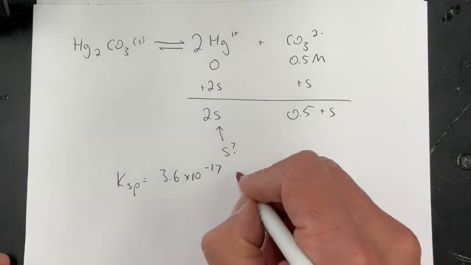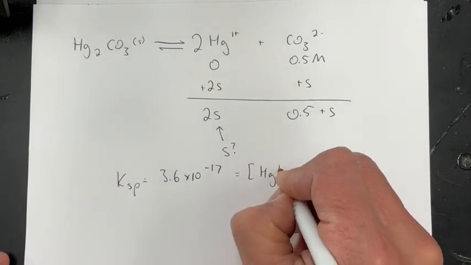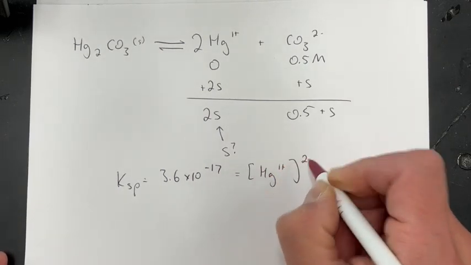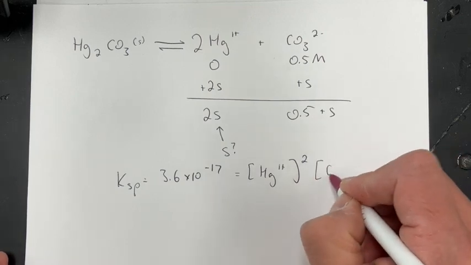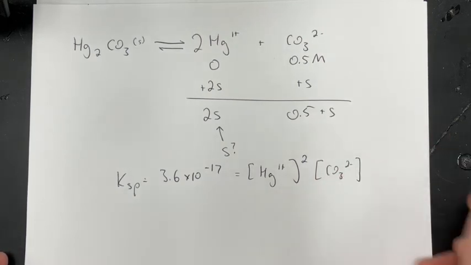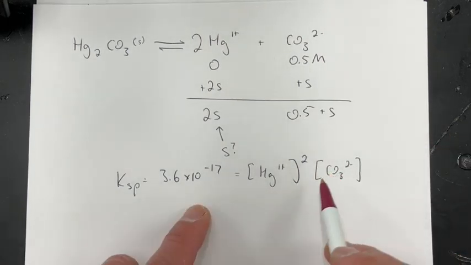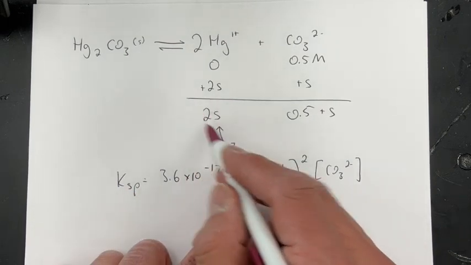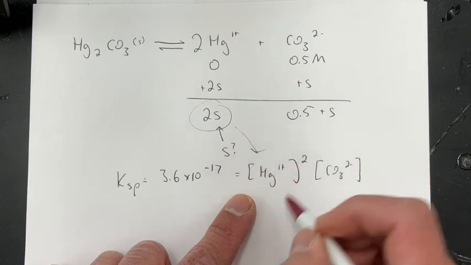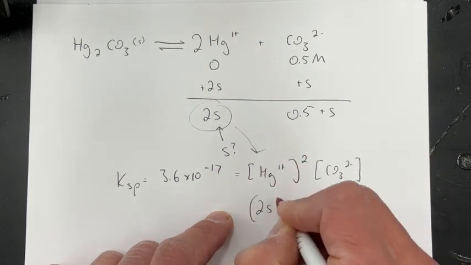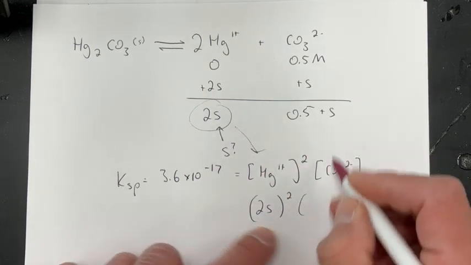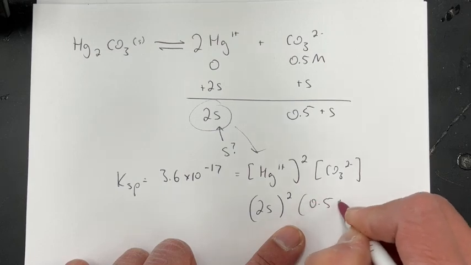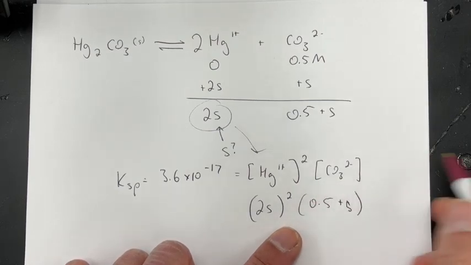That equals Hg2 squared times CO3, like that. Well, let's plug in my stuff here. So my 2s is going to go into here. This is 2s quantity squared. And this is 0.5 plus s, like that.